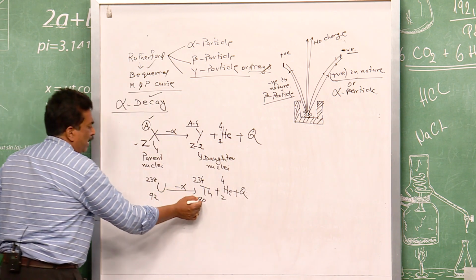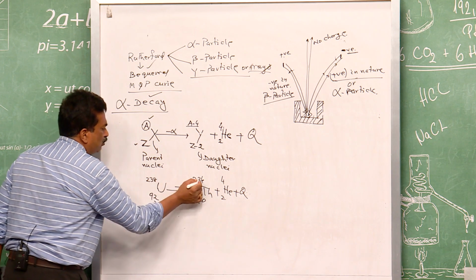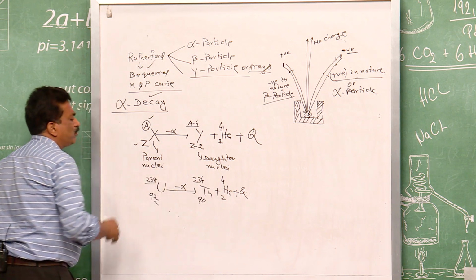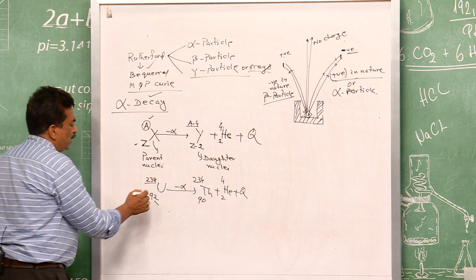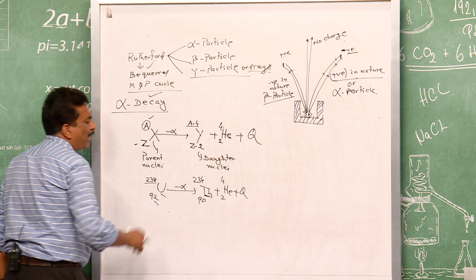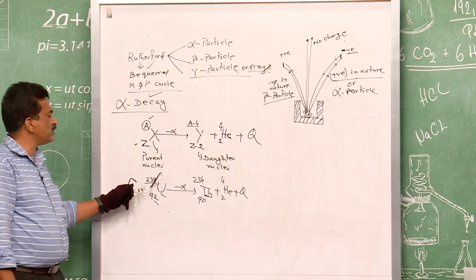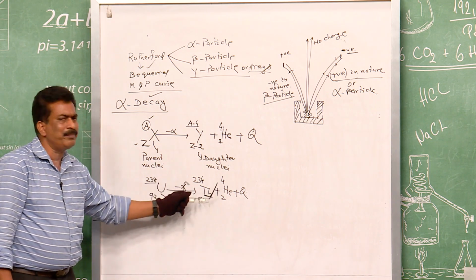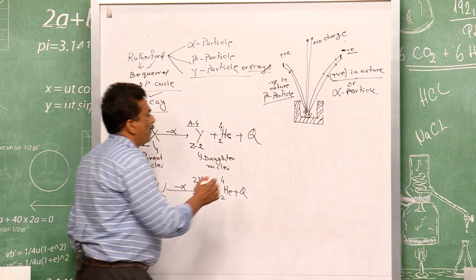You see, 90 plus 2 is 92, and 234 plus 4 is equal to 238. The question comes, sir, why does this uranium 92, 238 give thorium? It means it is unstable and tries to maintain its stability.